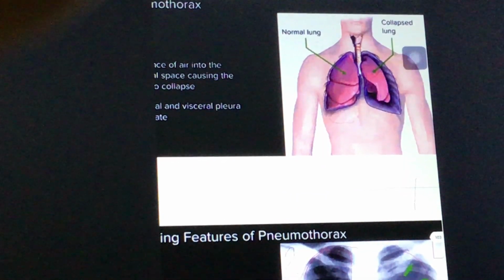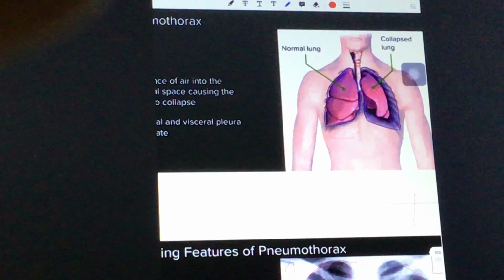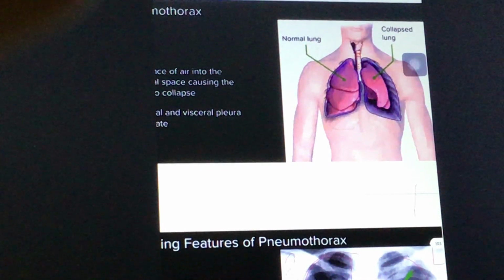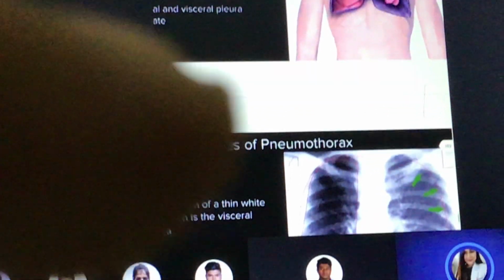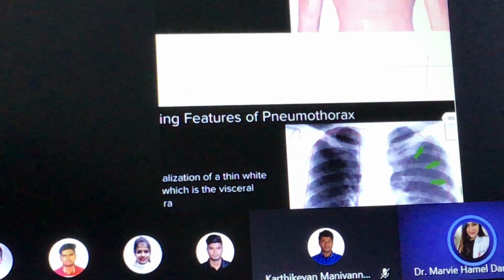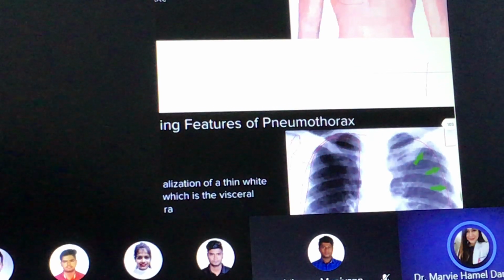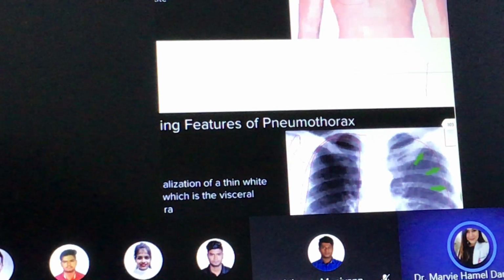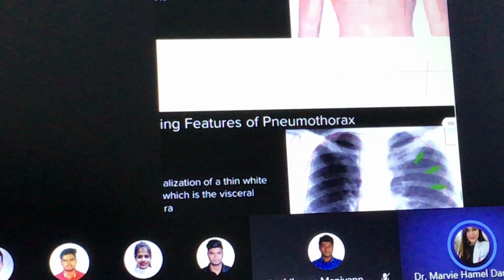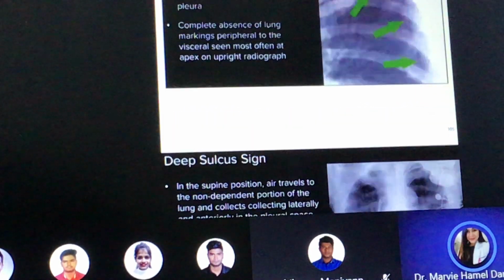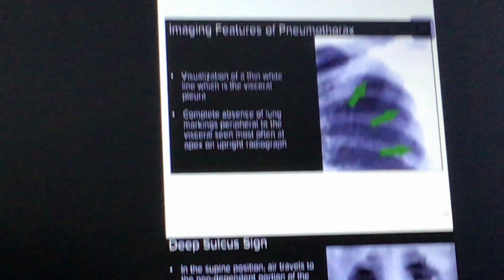Okay, this is the one I wanted to show you. It's not really obvious. This is the pleura. This one, deep sulcus sign. In this image, again, this is lungs, so there is a pathologic process ongoing here.